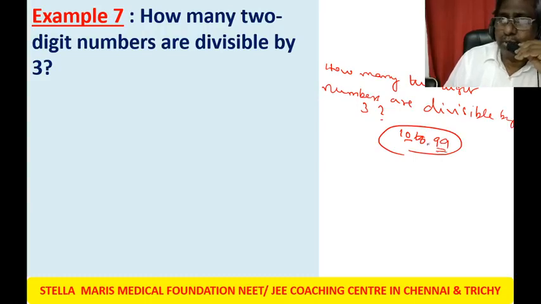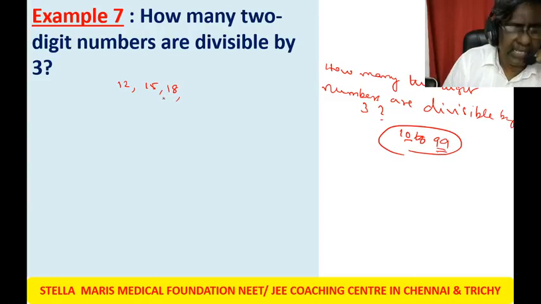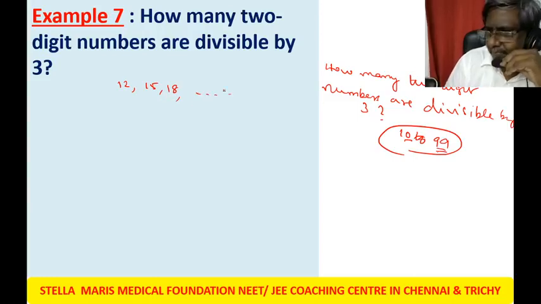So the first two-digit number divisible by 3 will be 12 only. The next number should be 15, the next should be 18. Likewise, it will go on like this.